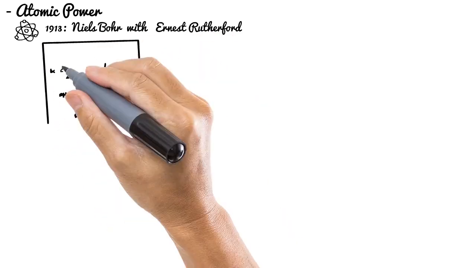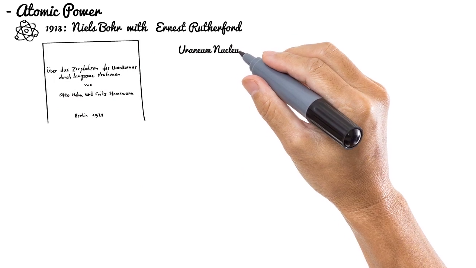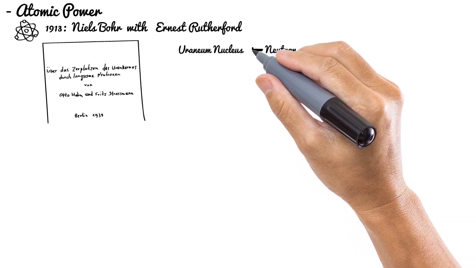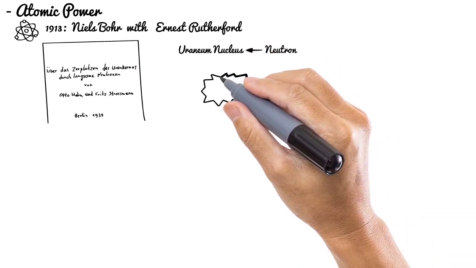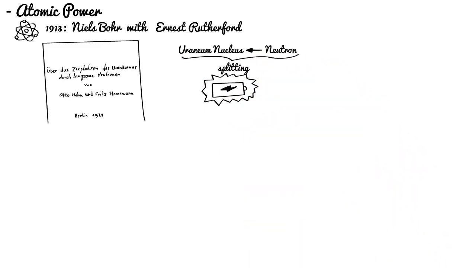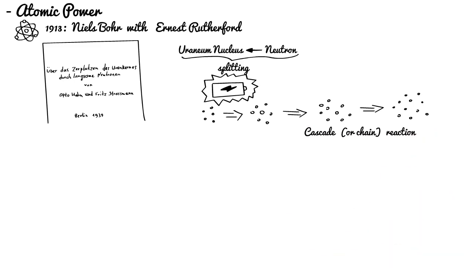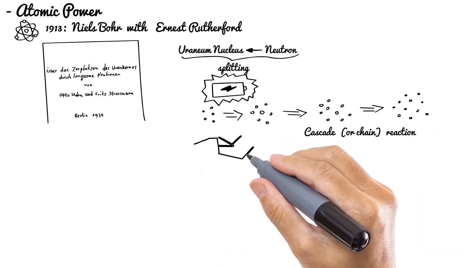The Otto Hahn and Fritz Strassmann paper of January 1939 mentions a suggestion by Lise Meitner that a uranium nucleus struck by a neutron splits into other parts of different atoms, releasing a considerable amount of energy. If we have enough atoms for the initial reaction, more atomic parts will be emitted, causing a cascade, a chain reaction. Calculations showed that the energy released by a chain reaction would be enormous.